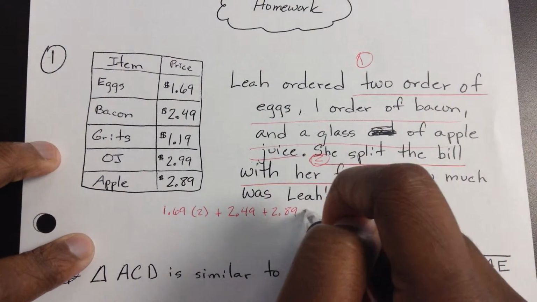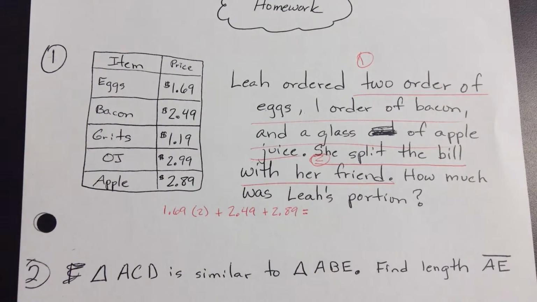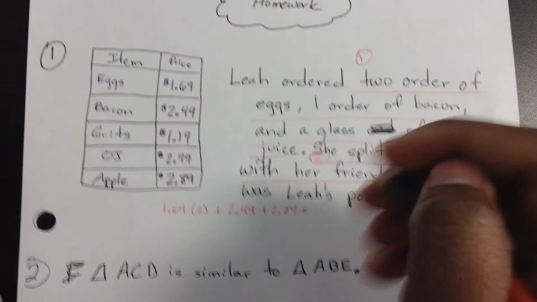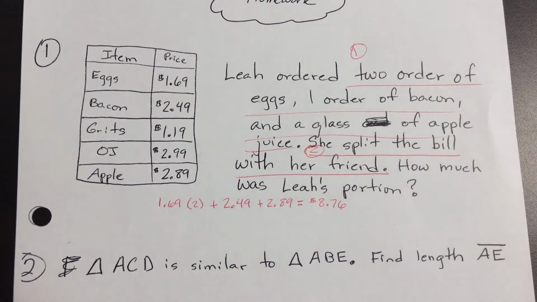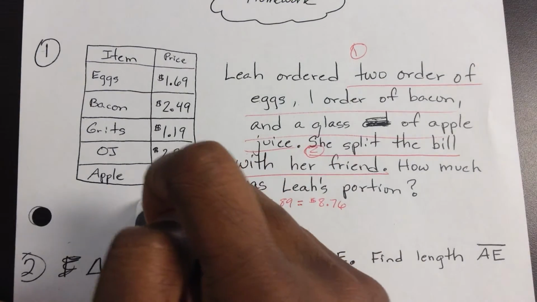So the first thing I want to do is add those amounts up. $1.69 plus the $1.69 plus $2.49 plus $2.89 gives me a grand total of $8.76. All of this was step 1.